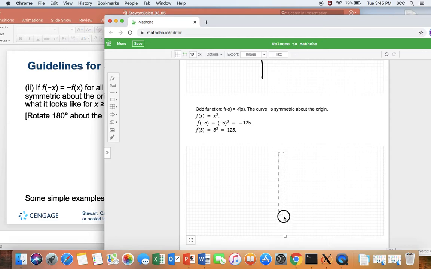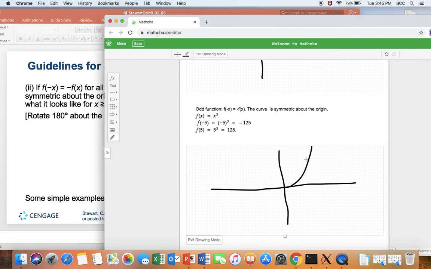If you remember the graph of x cubed, on the positive side it looks like this, on the negative side it looks like this. In other words, you have to reflect it once and once again, or reflect it this way and once again. So in other words, you're reflecting twice about the axis, okay?